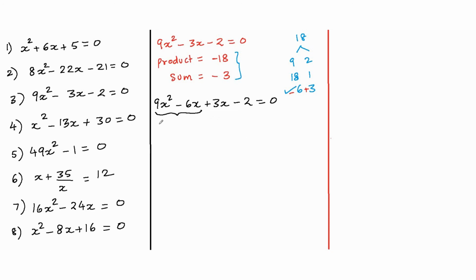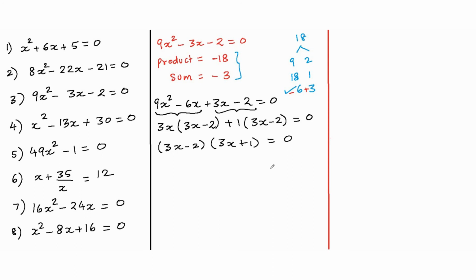Taking these two terms, I can take 3x out as common. If I take 3x out as common, I am left with 3x minus 2. And from the other two terms, I can take 1 out as common, so it is 1 times 3x minus 2 equals 0. I can take 3x minus 2 out as common and I am left with 3x plus 1 equal to 0.